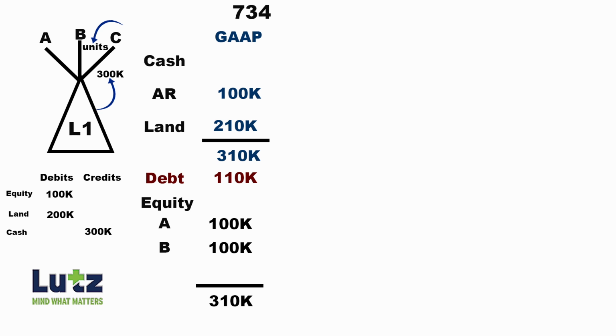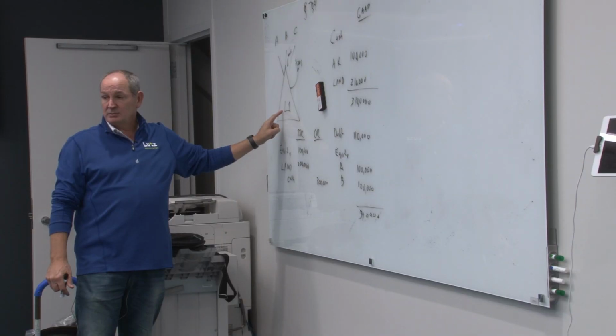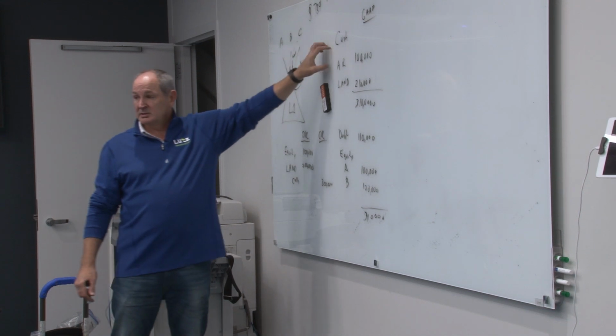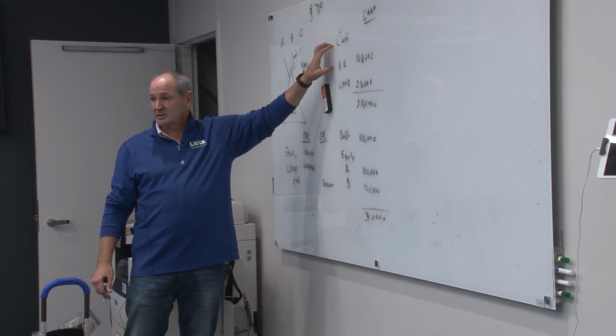And just in order to compare and contrast with 743, which is, Sam, partner to partner? Partner to partner. Yep. 734 is partner to partnership. L1, because it's a redemption, utilized its balance sheet to effect the transaction.